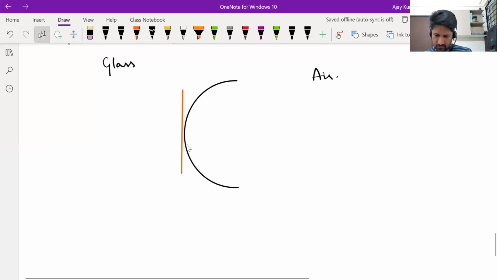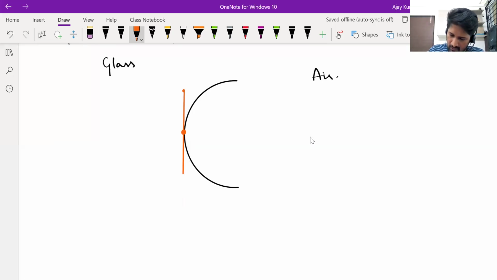Each point behaves as a source of secondary waves. Those are the points from which we are going to draw wavelets. So consider one point here, one here, and one here. You can call them sources 1, 2, and 3. So how was light traveling? Till it struck this interface, light was traveling like this to the right. It was a parallel beam.